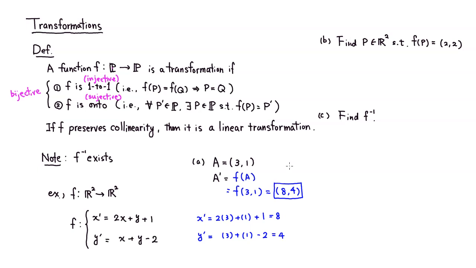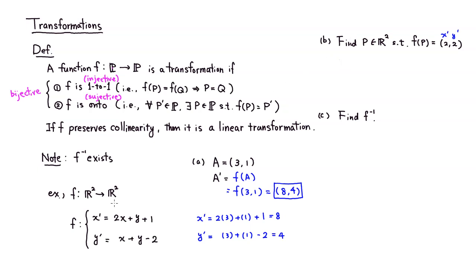All right, let's do part B. If you have a point at (2, 2), we want to find a P such that f of P is equal to (2, 2). In this case, this is x prime and y prime. So all we have to do is solve this system of equations.